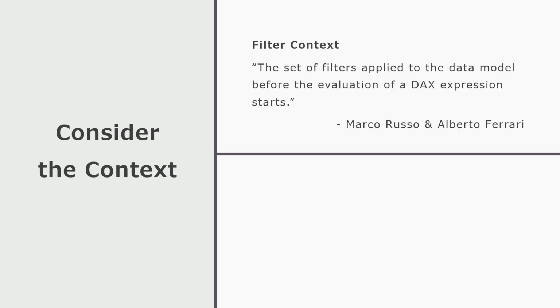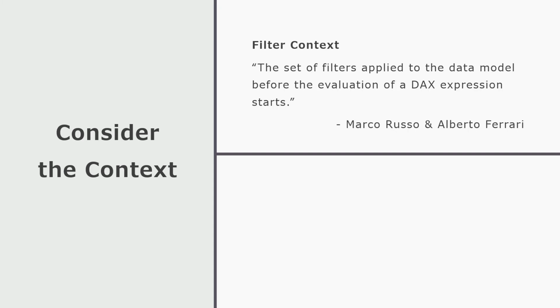One other important thing to remember when you're writing DAX is that context is very, very important. And there are two types of contexts to be aware of. The first is filter context. So Marco and Alberto, or the Italians as we call them, define filter context as a set of filters applied to a data model before the evaluation of an expression starts.